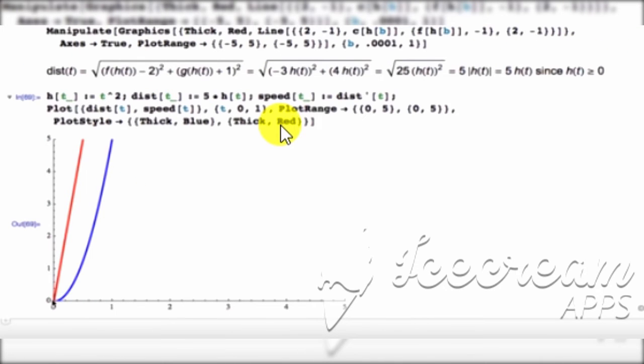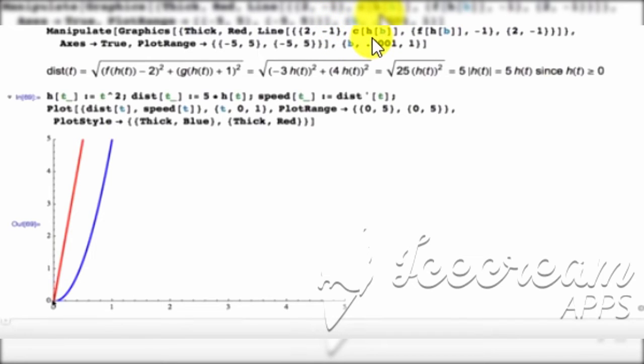In this question we are going to find the distance traveled by the function and the speed of the function. So basically what we did, we knew the coordinates. h of t is a function that is equal to t, so Graphics is used to plot a line. So a line, this coordinate we know from before, 2 comma minus 1.